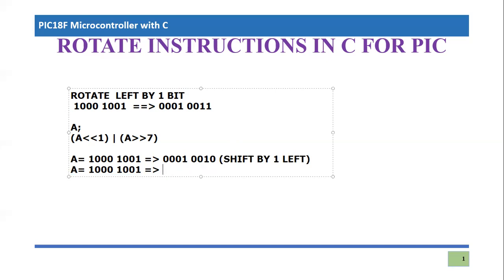So that is going to be 000000001. This is the result of the shift by 7 units towards the right. And if I OR them, simply OR them, what is going to be the result? 000010011. And if you see it, it is the same output that we were expecting by rotating left.